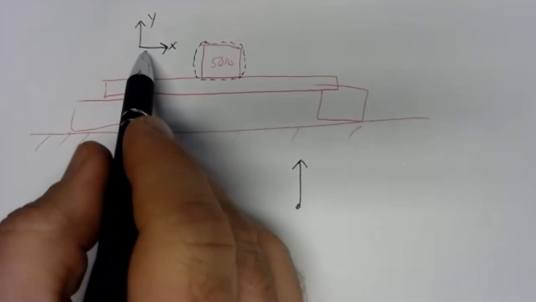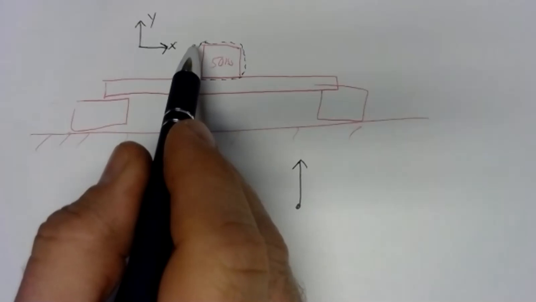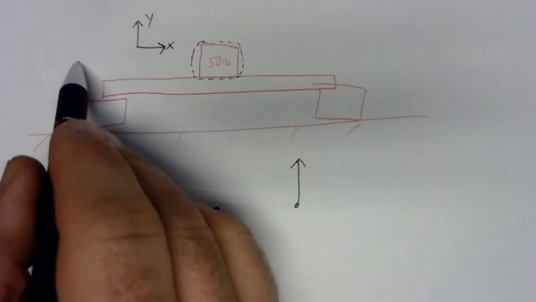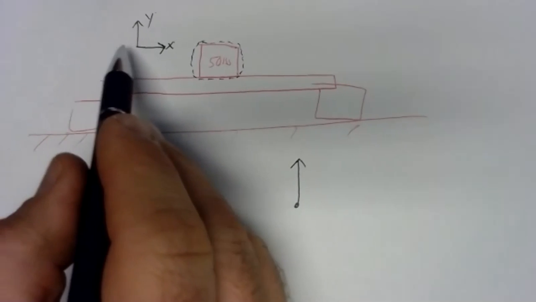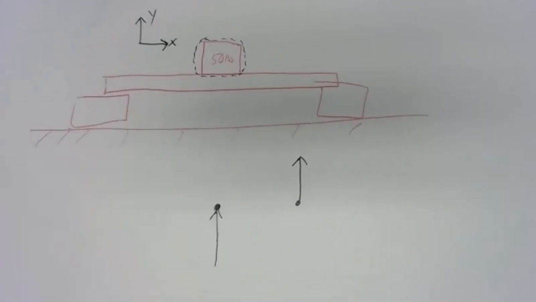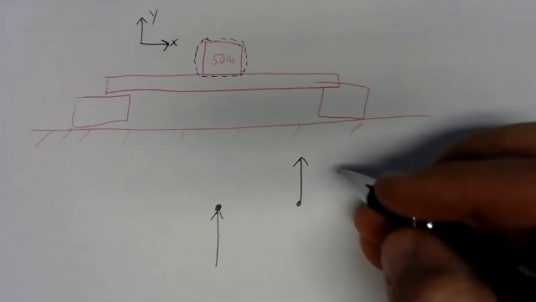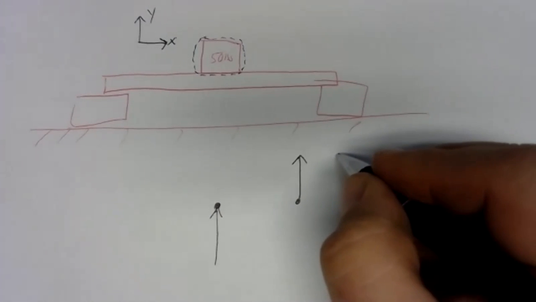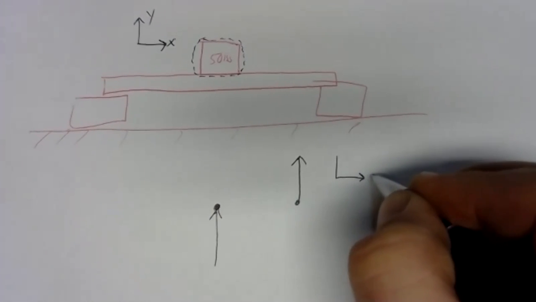And here we've got that. So horizontal to the right is positive X. That implies that to the left is negative X. Up is positive Y, so down will be negative Y. And that'll give me some information I'll be able to use here. I can translate that down into my free body diagram.